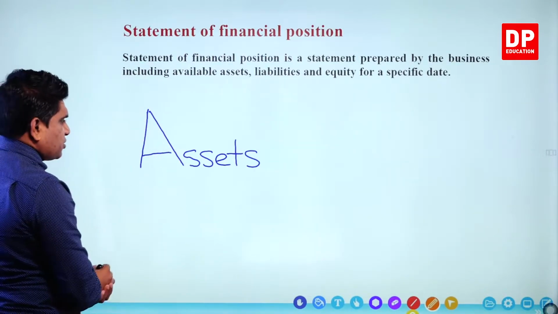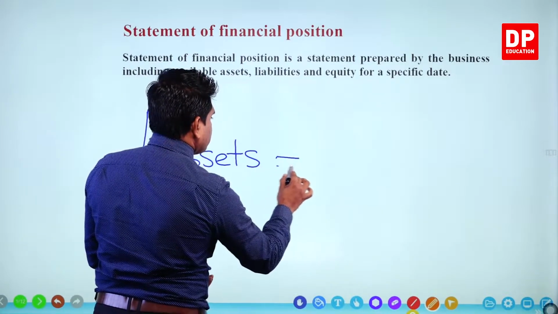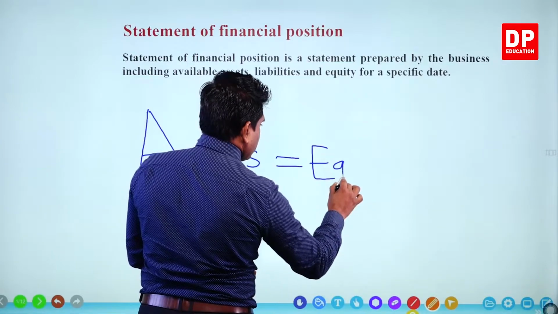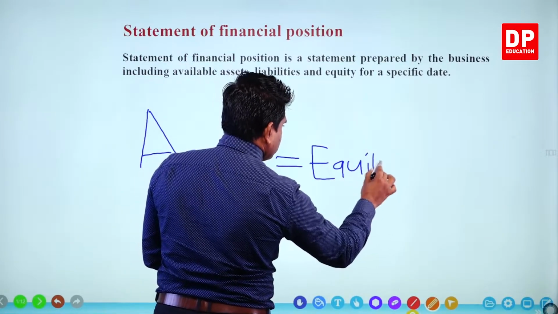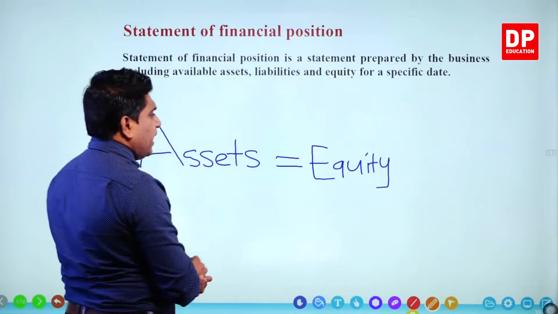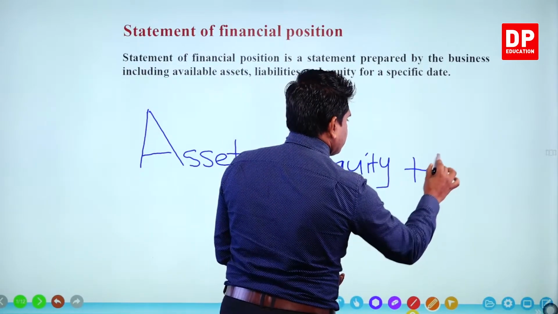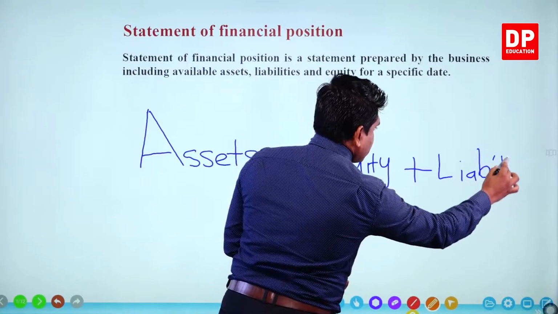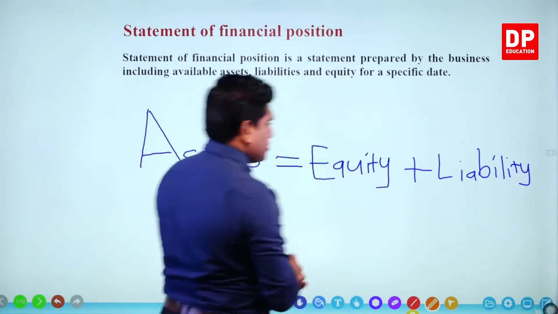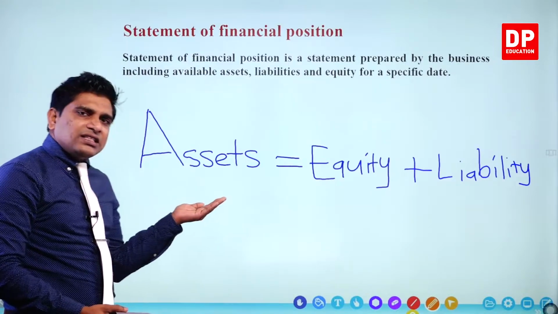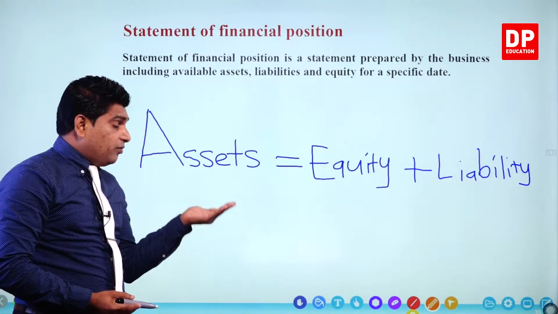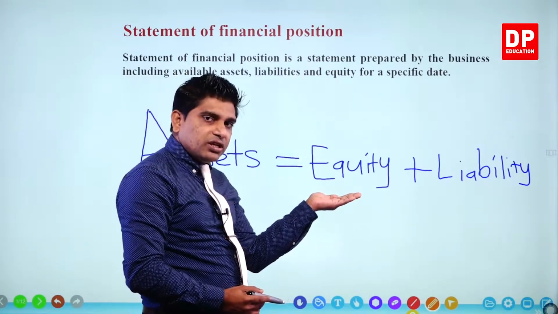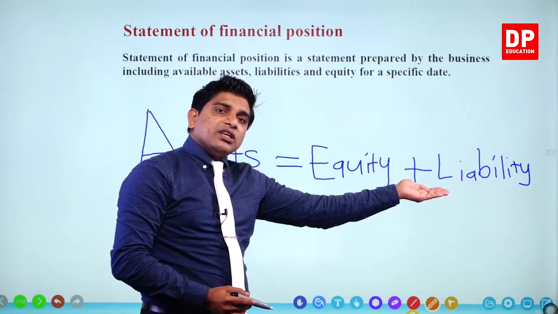Total value of the assets equals equity. The other word we can use here is capital. Same thing, right? Equity plus liability. I think you remember your accounting first lesson, right? Total assets of the business, the total value of the assets, should be equal to capital, which means equity plus liability of the same business.